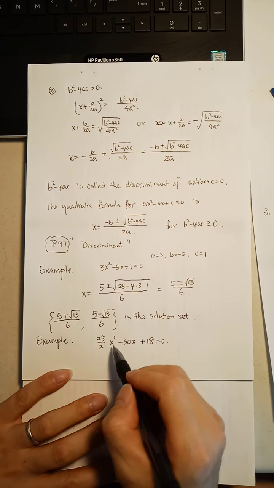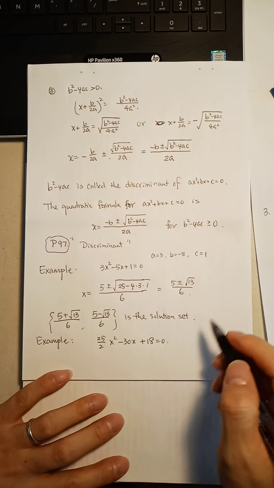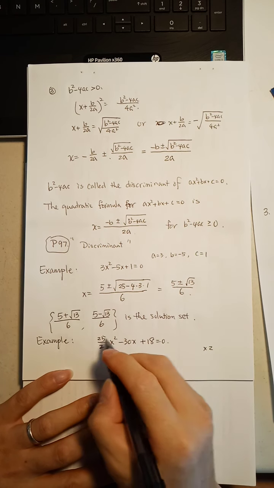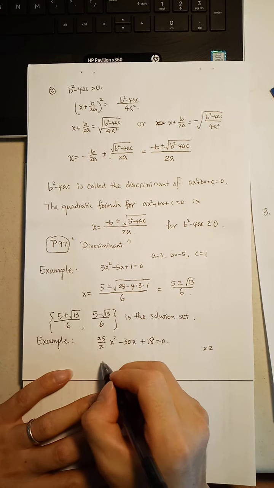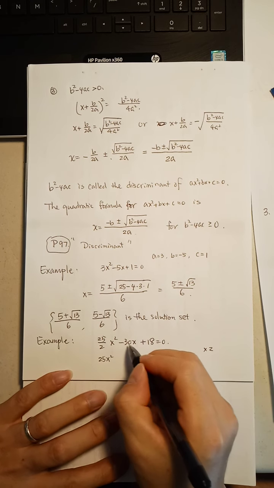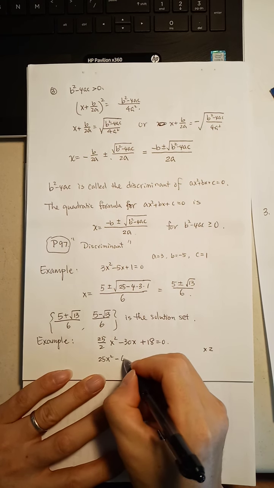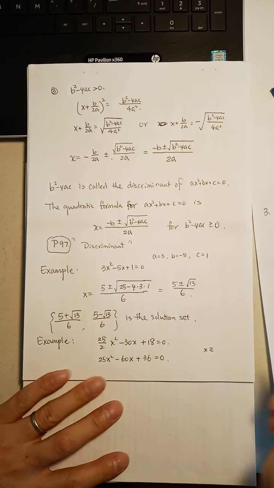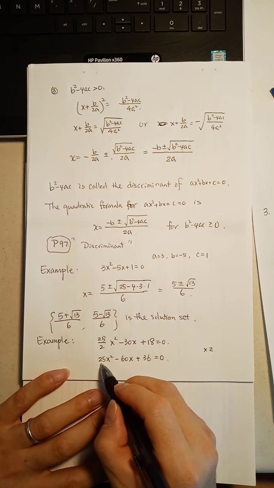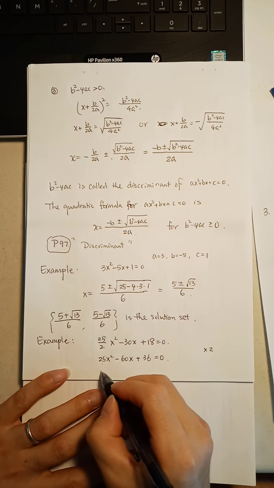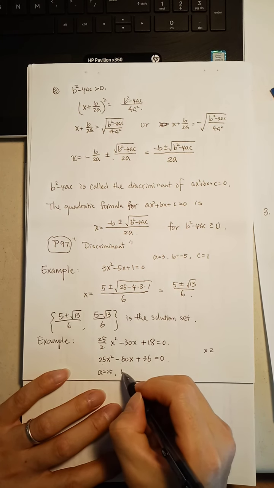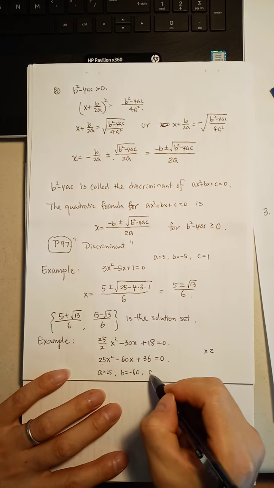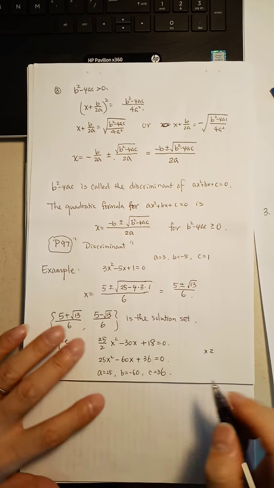Here you have denominator 2, so you multiply the equation by 2. 25 over 2 times x squared times 2 is 25x squared. 30x times 2 is 60x. 18 times 2 is 36. Now this is your new set of a, b, and c. So a is 25, b is negative 60, and c is 36.